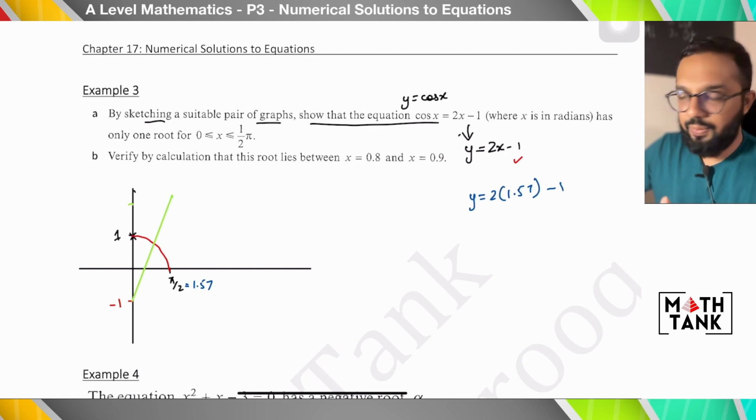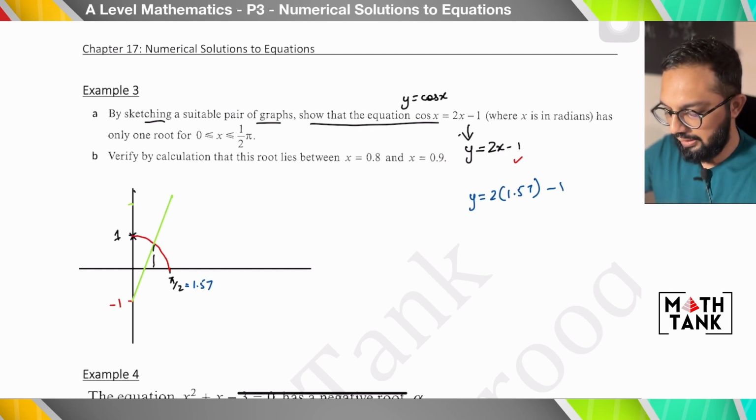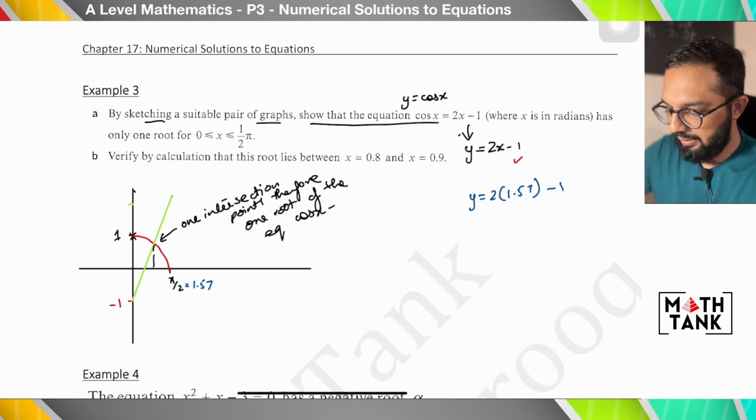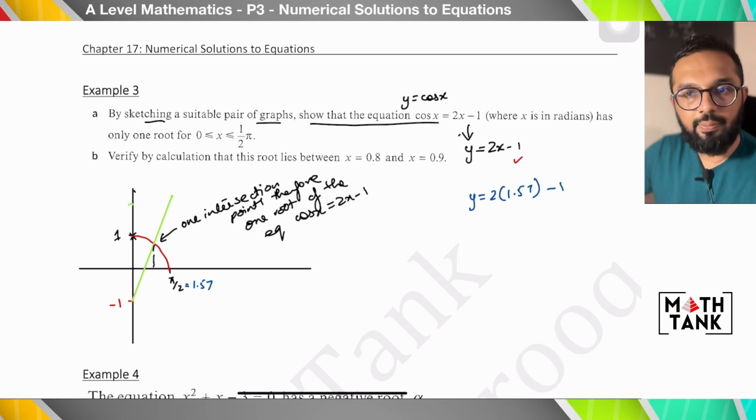So again, I've proved that between this interval there is one intersection point. Therefore, one root of the equation cos x equals 2x minus 1.